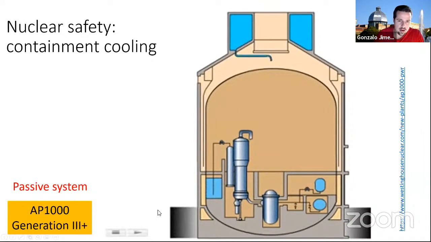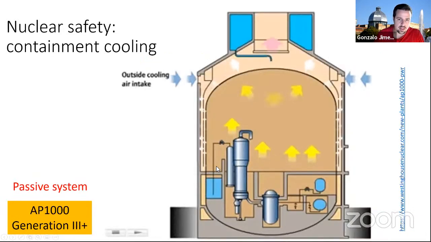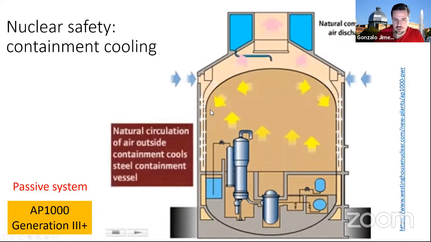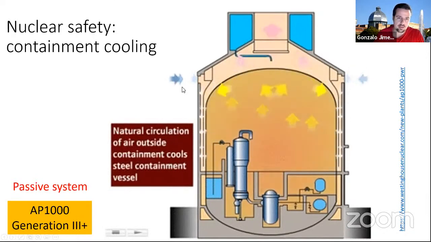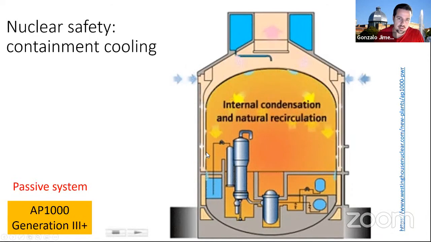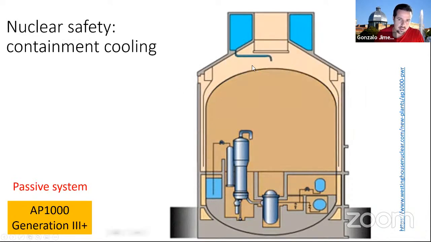An alternative to that for generation 3 is, for example, in the AP1000, a containment that is designed to act as a heat exchanger. It means that air goes inside and cools the containment of the reactor during operation.